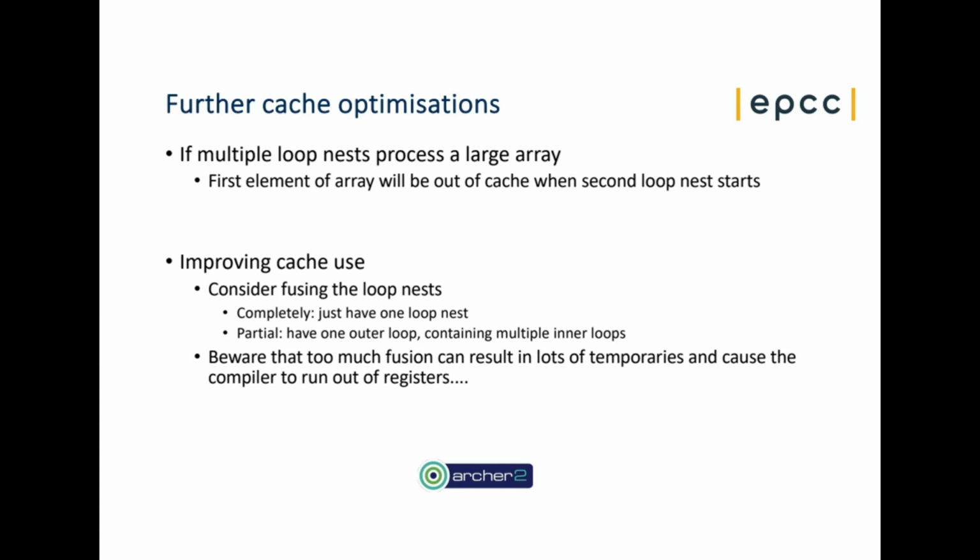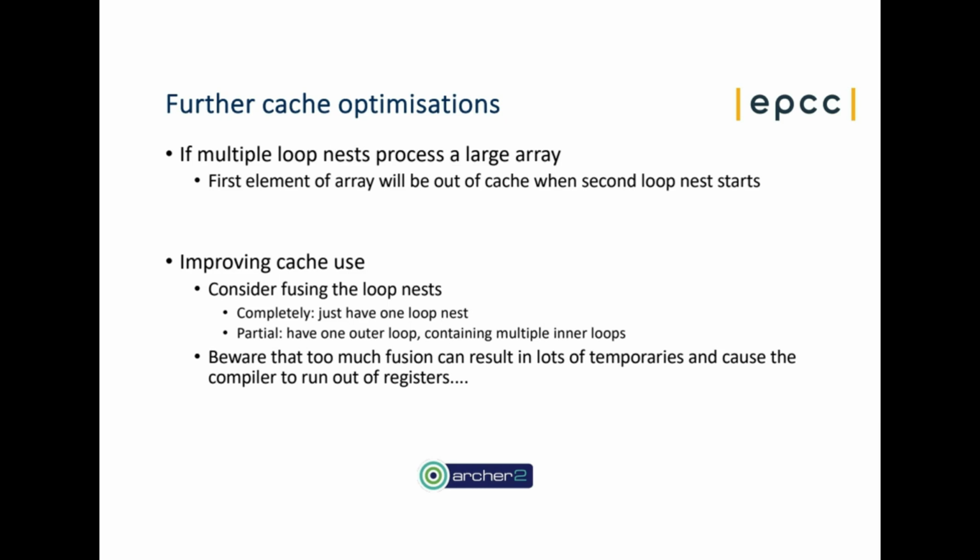If you have multiple successive loop nests, and you're iterating over large arrays, then what's likely to happen is that by the time you get to the second loop, the first elements of the array will have been evicted from the cache before you get there.